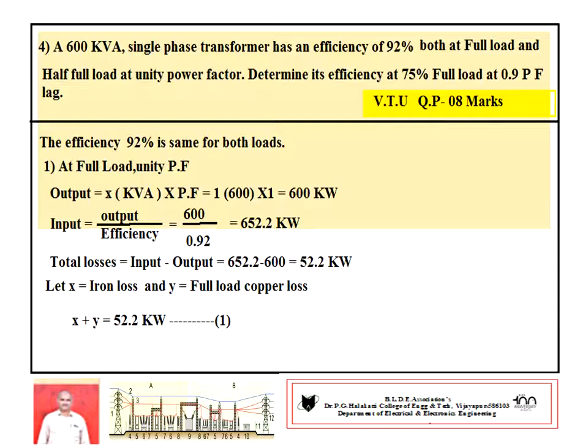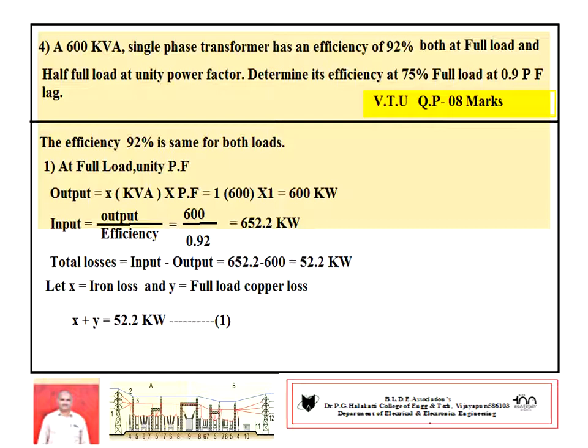Then efficiency remains the same for both conditions, it is given 92%. So to calculate input, input equals output divided by efficiency. So 652.2 kilowatt. Hence you are knowing the input, you are knowing the output, go for total loss. Total loss equals input minus output.